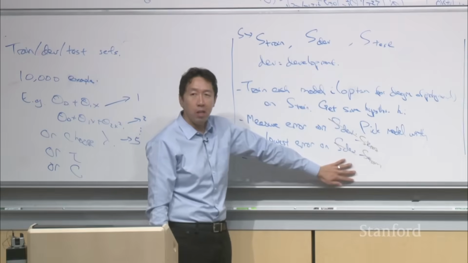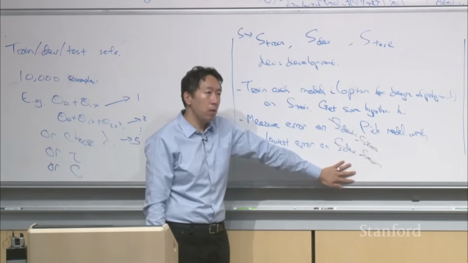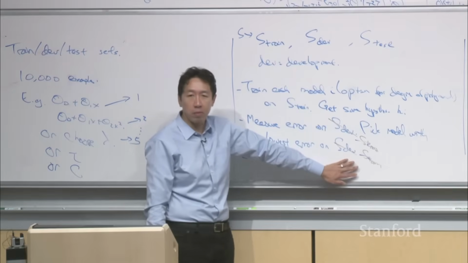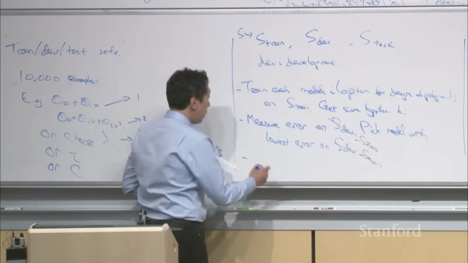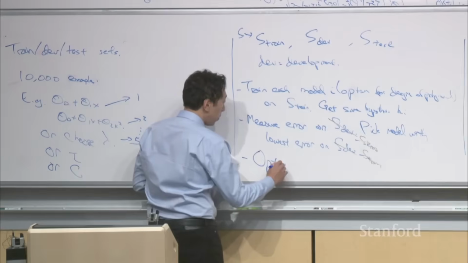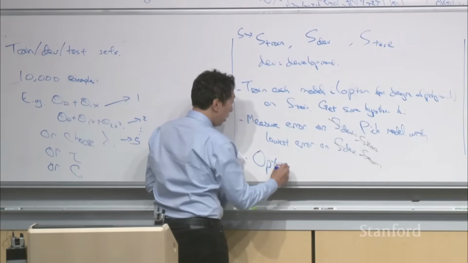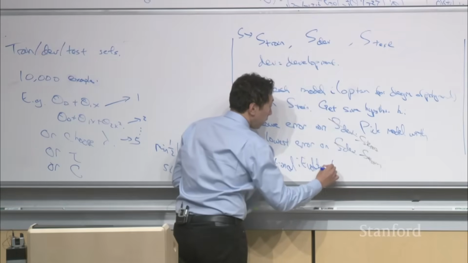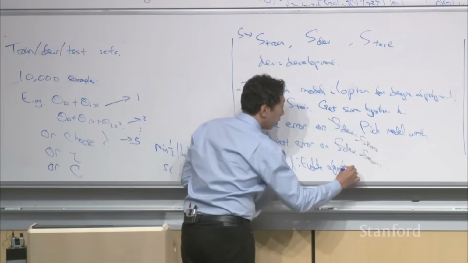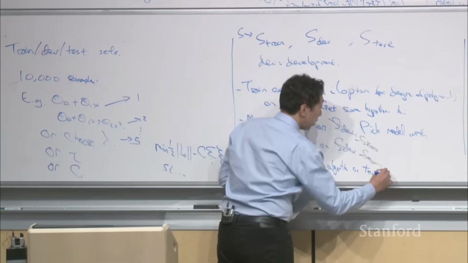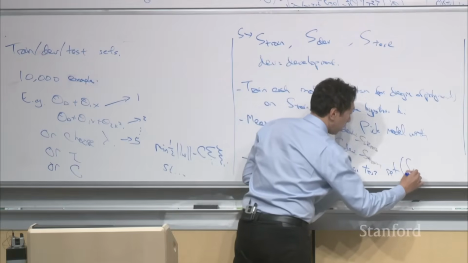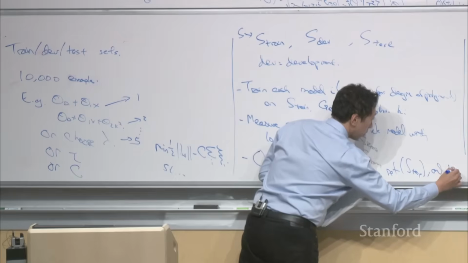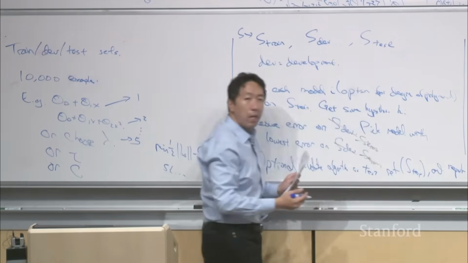In particular, information about what's the best degree polynomial to choose was derived from the dev set, the development set. And so if you're publishing a paper, or you want to report an unbiased result, evaluate the algorithm on a separate test set, S-test, and report that error, okay?